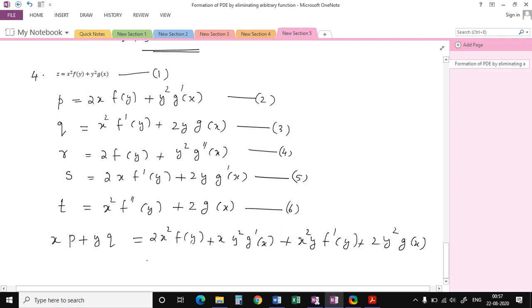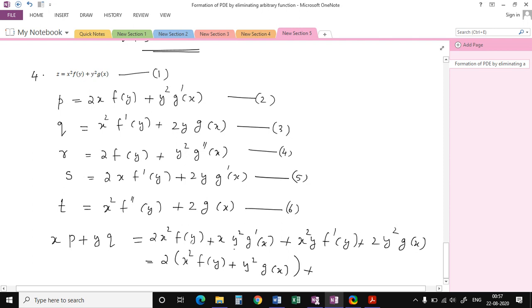Now then we can combine these two terms, first and last, so that we can write it as 2x square fy plus y square gx plus, and now observe second and third term.